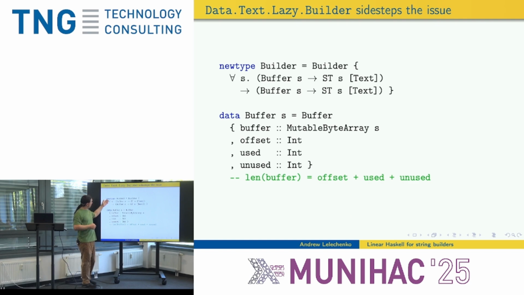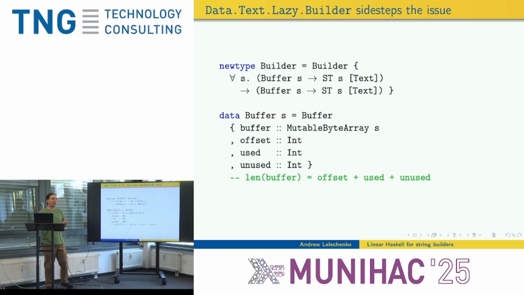So this builder works in a similar way. It says, okay, you give me the continuation in the first argument, and you give me some buffer to use, which is ready to use. And what I'm going to do, I will write something there.